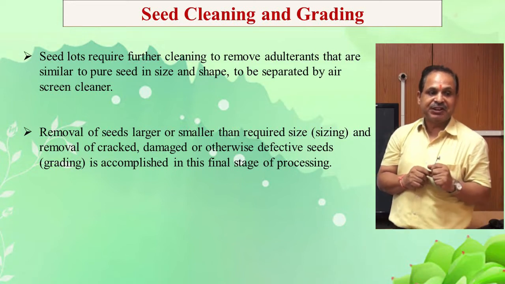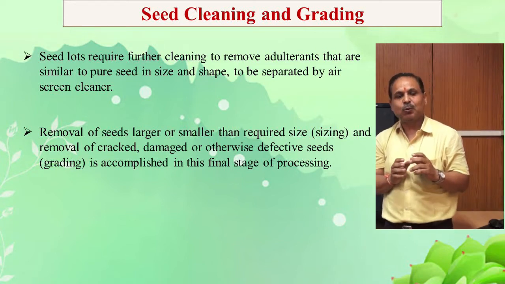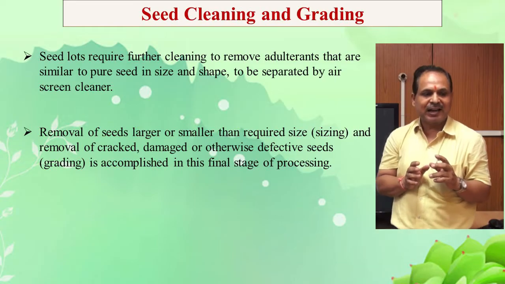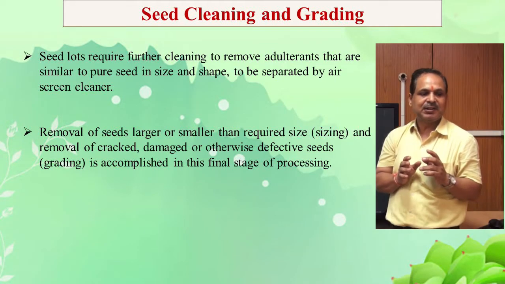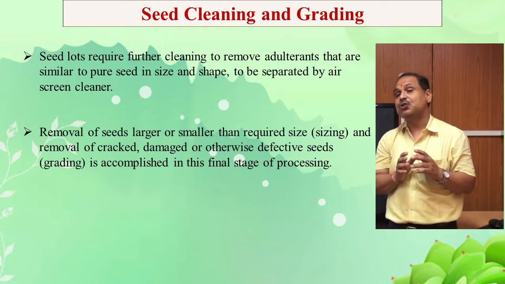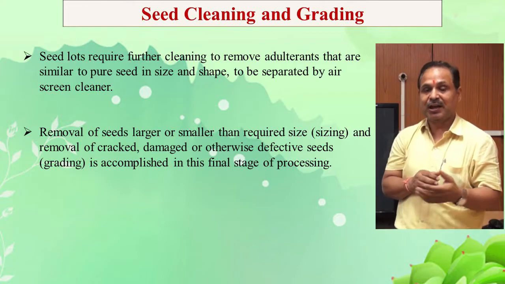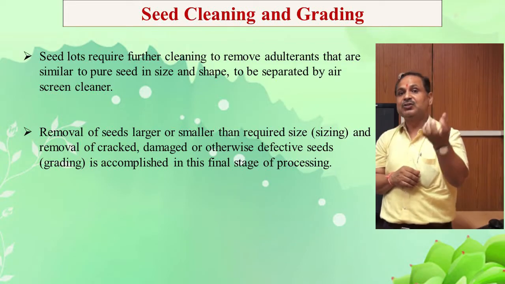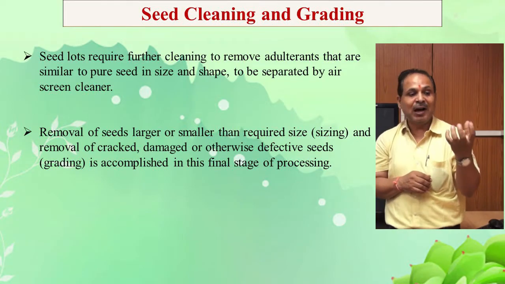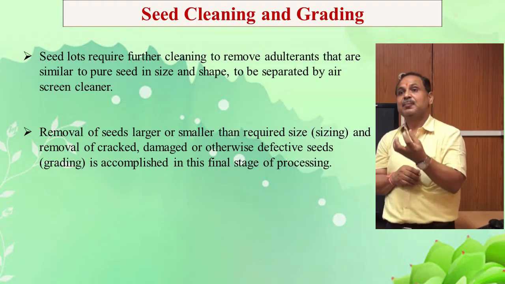The removal of seeds larger or smaller than the required size and removal of cracked seeds, damaged or otherwise defective seeds is accomplished in the final stage of processing. What we were talking about earlier, in the case of potato seeds, the required size of seeds is preferable.